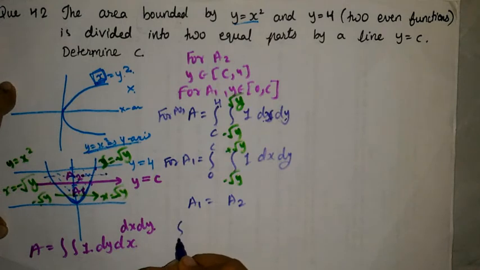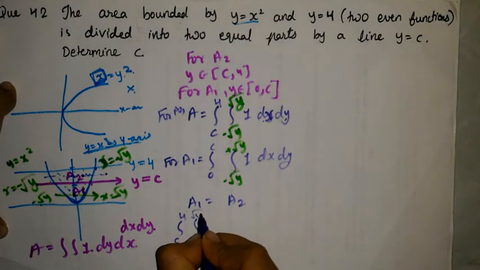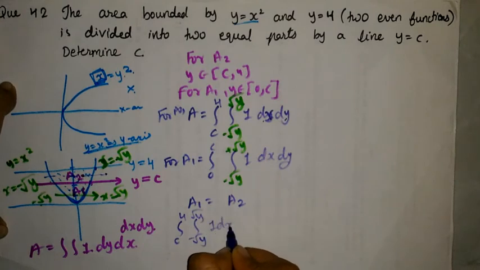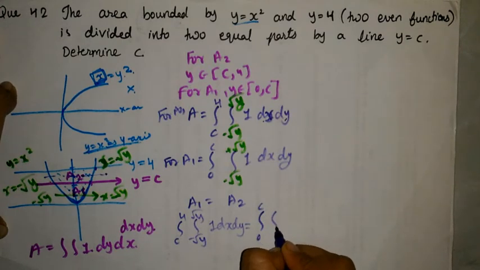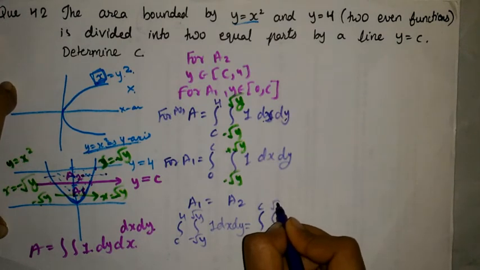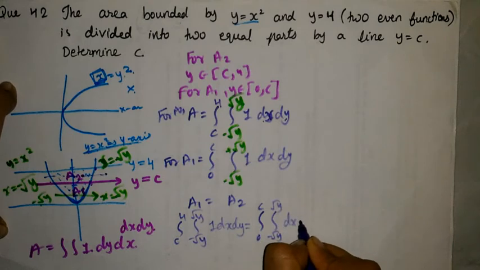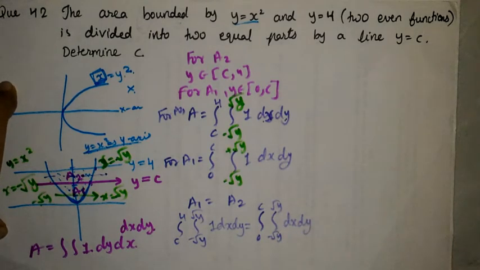So integration from c to 4, integration from minus root y to root y, 1 into dx dy is equal to integration from 0 to c, integration from minus root y to root y, dx dy. Now it became easy to solve.